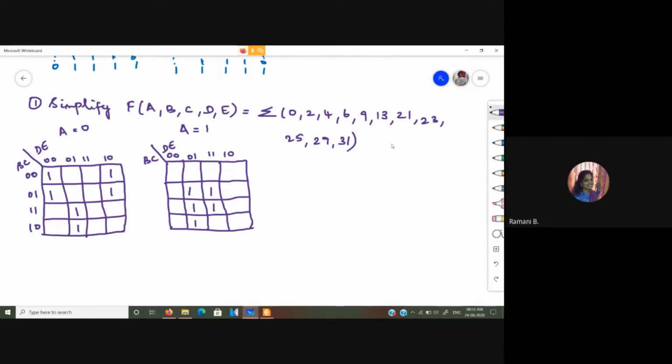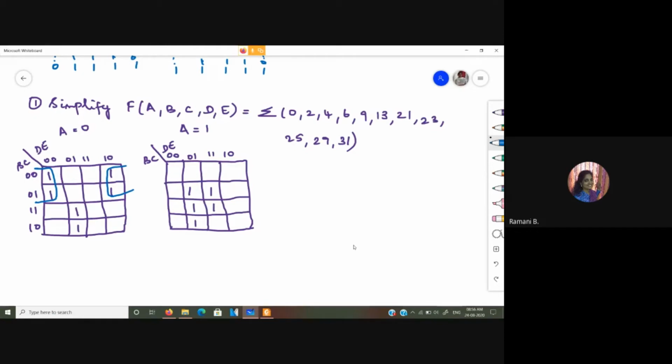This is what we are having. To form the group, in this map you can form a quad, because you are not having any other ones in this particular map.